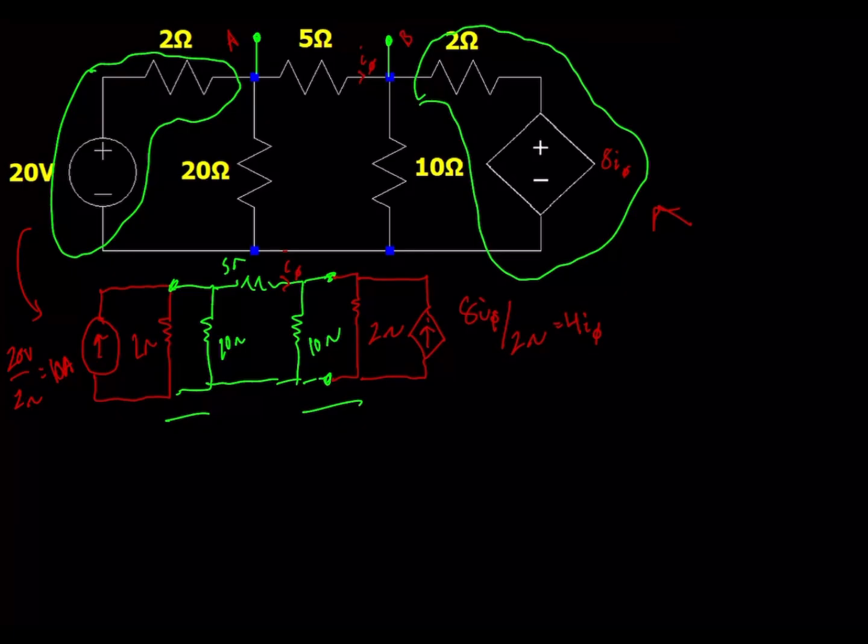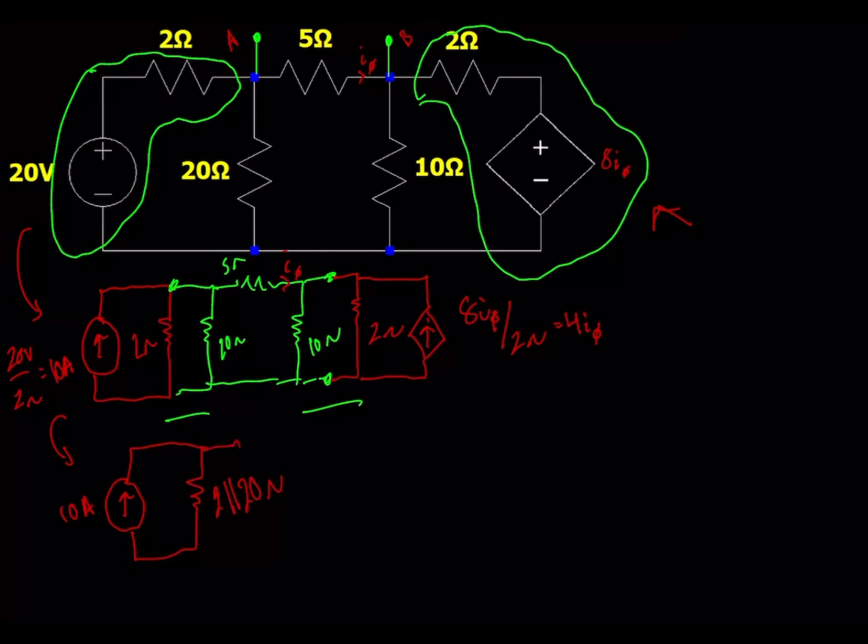Here we'll simplify the circuit even more. This 10 amp source will remain. Here we'll have this new resistor that is the parallel combination of the 2 ohm and the 20 ohm. That's the symbol for parallel.